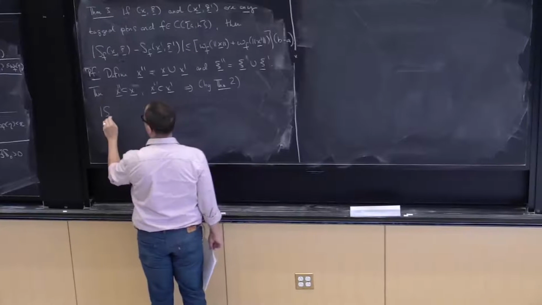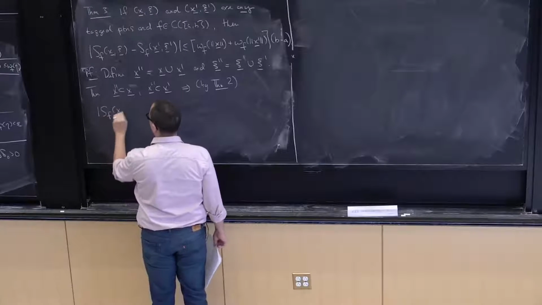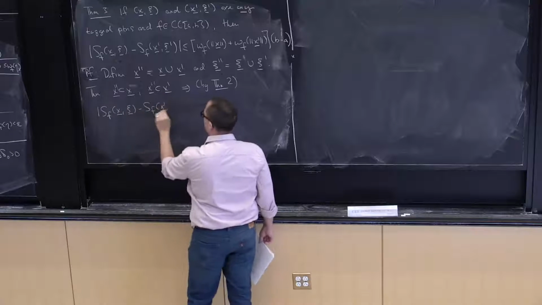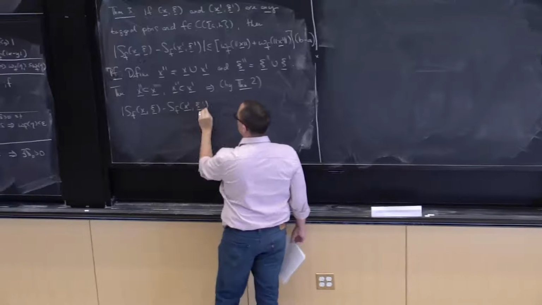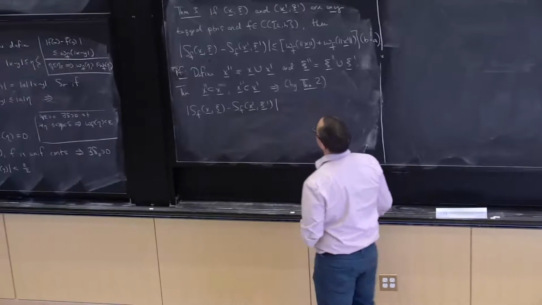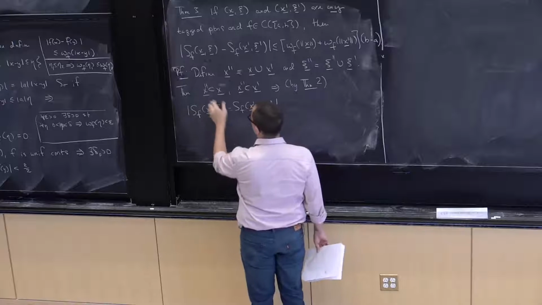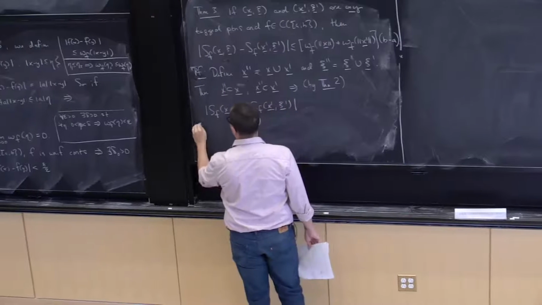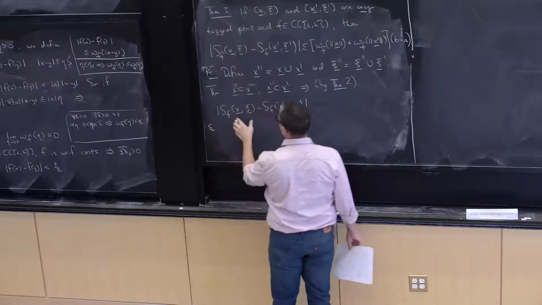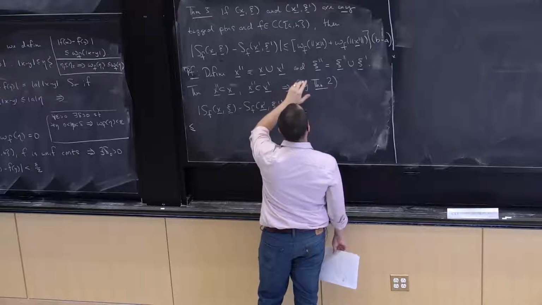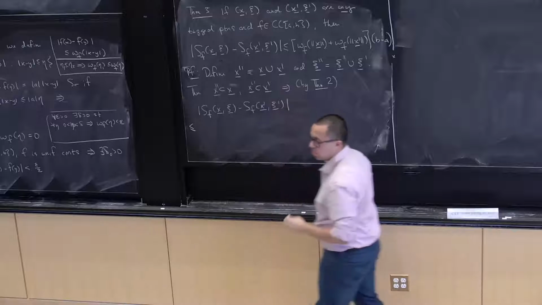Which we can use. So if I look at the difference of the Riemann sums, I add and subtract the Riemann sum corresponding to x double prime and its tags, and then apply the triangle inequality. So I'm doing two steps here.